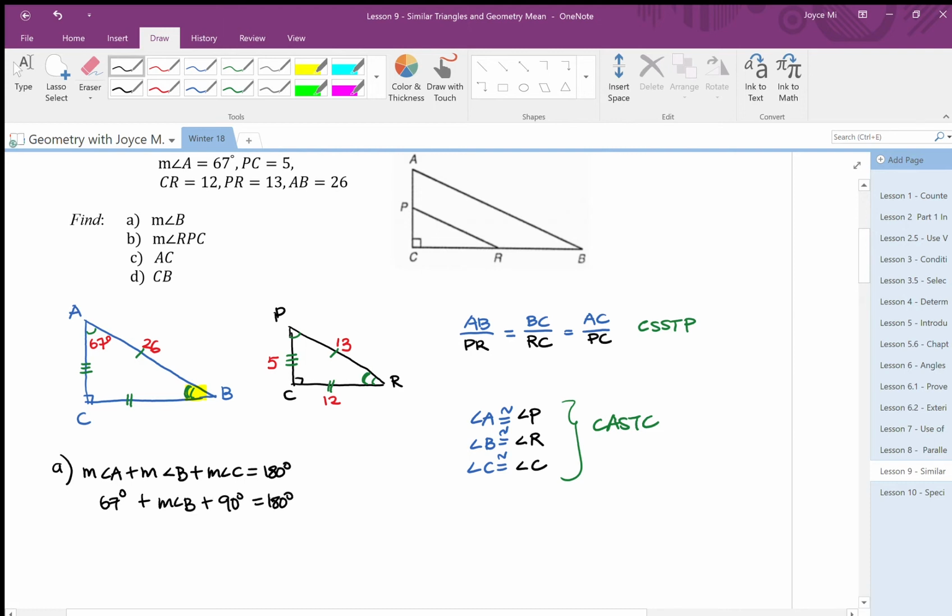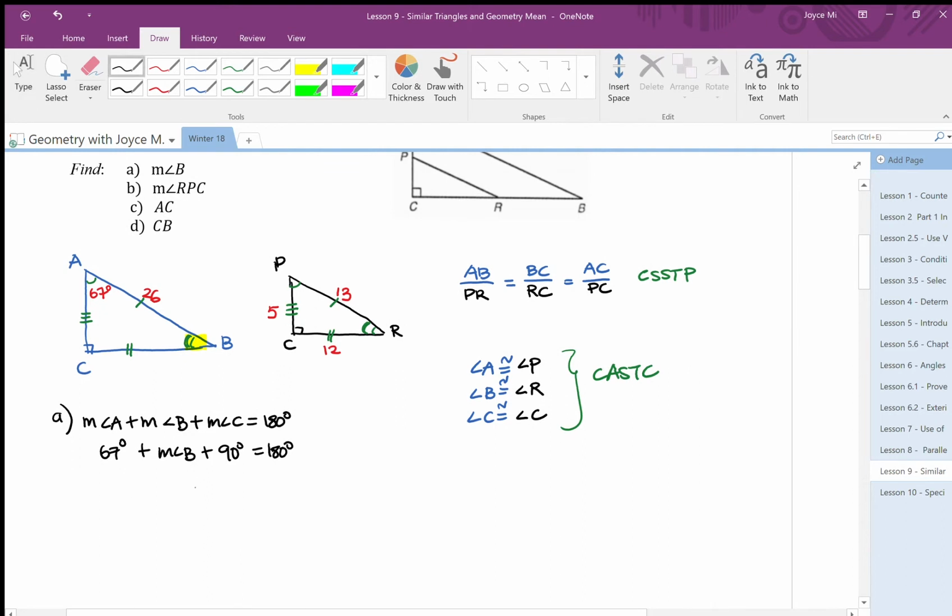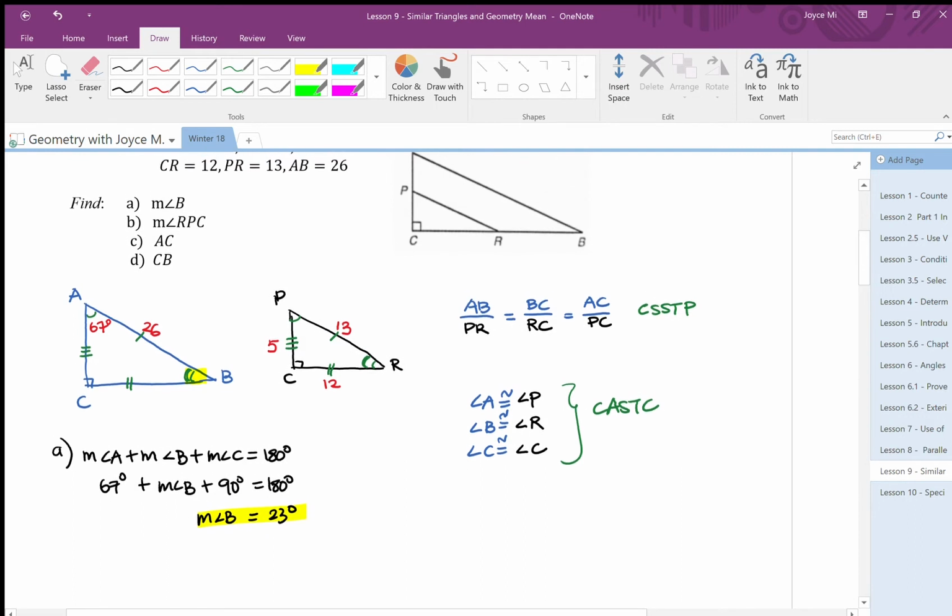So I say 67 degrees plus the measurement of angle B plus 90 degrees gives me 180. I subtract 67 and 90 from both sides. Then measurement angle B is equal to 23 degrees. And we found the first answer.